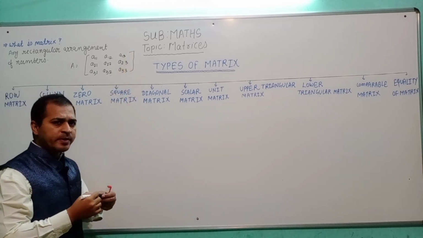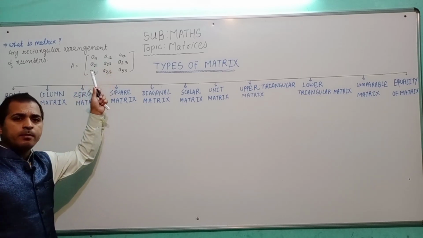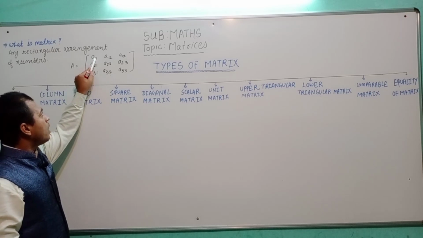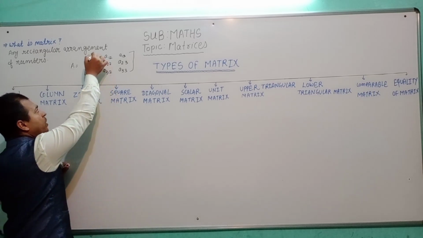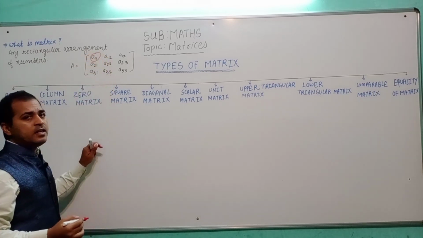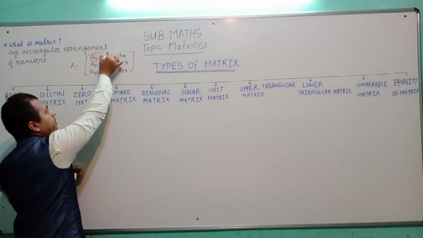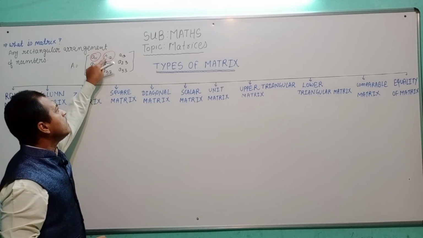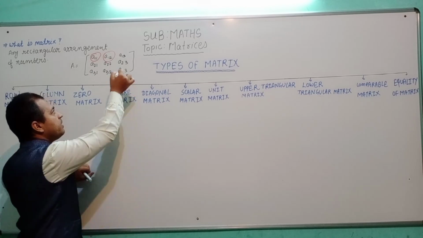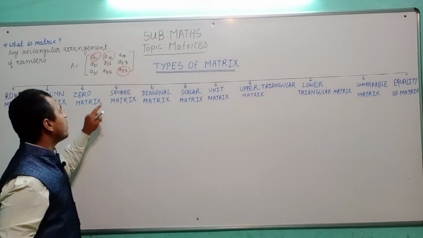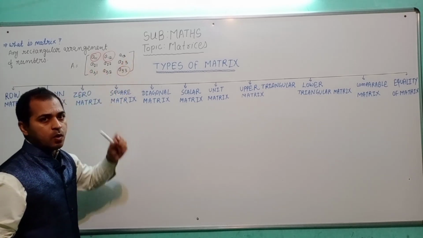Students, here you can see that these are arrangements of numbers in column and row format. A11 represents the element of the first row and first column. Element A12 represents what? This is the element of the first row and second column. Similarly, A33 represents the element of the third row and third column.